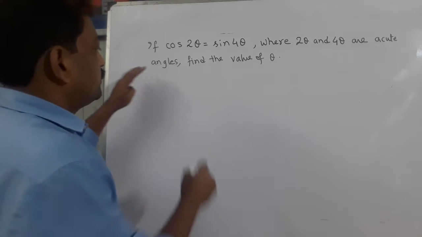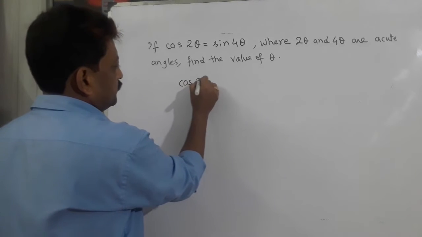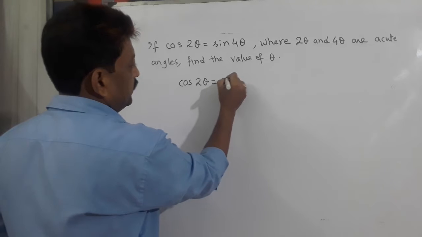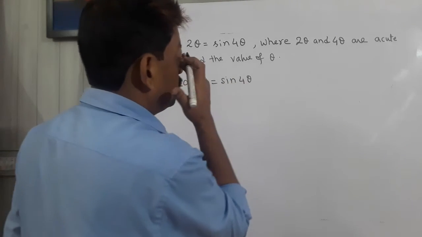So here it is given that cos 2 theta is equals to sin 4 theta, and 2 theta and 4 theta are acute angles.